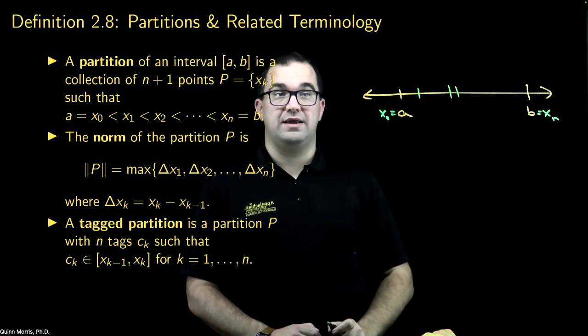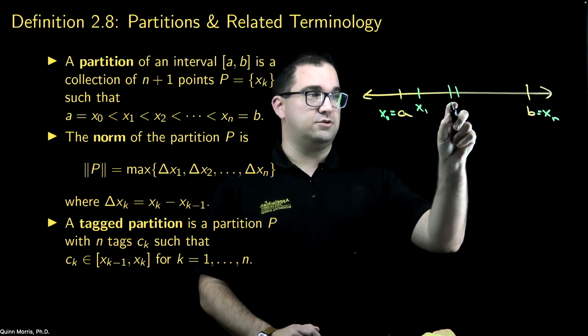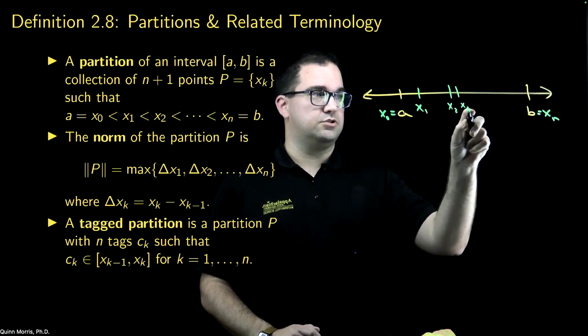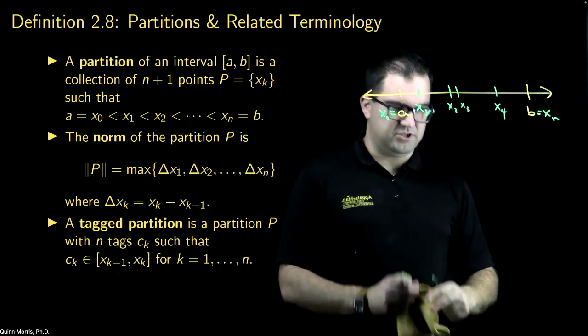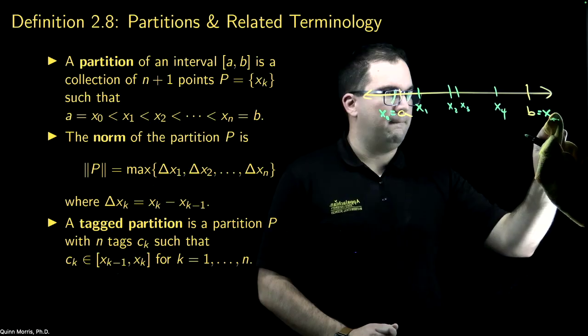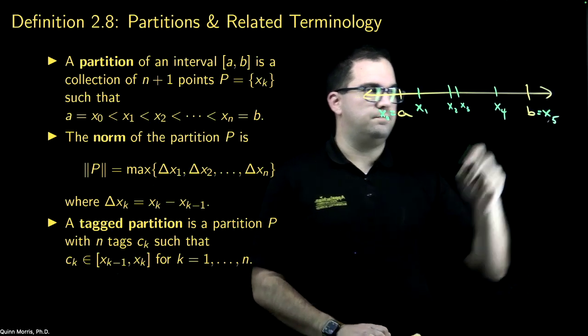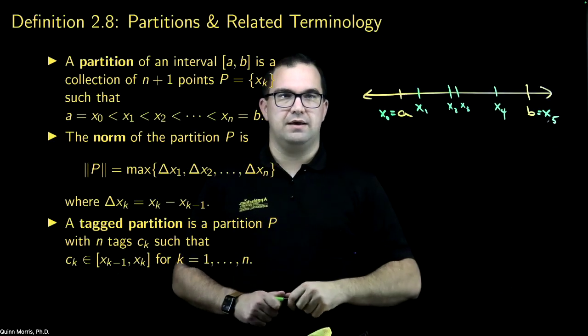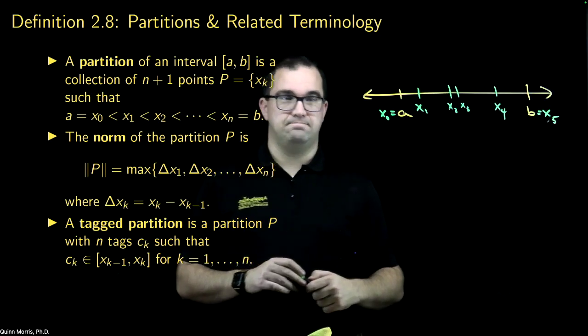There's no requirement that these be evenly spaced, just that I might take an x1, an x2, an x3, an x4, and so on. Just for the sake of this picture, we'll take a partition with 6 points, so we'll go up to x5. This is just a partition of the interval AB.